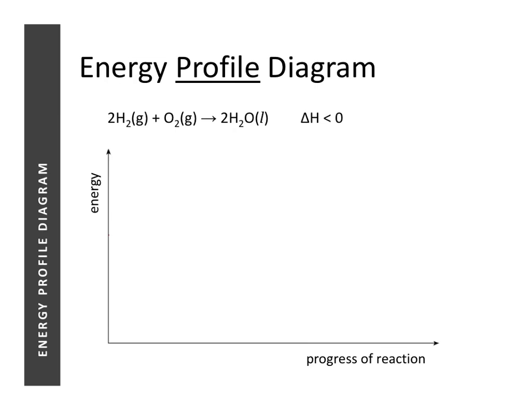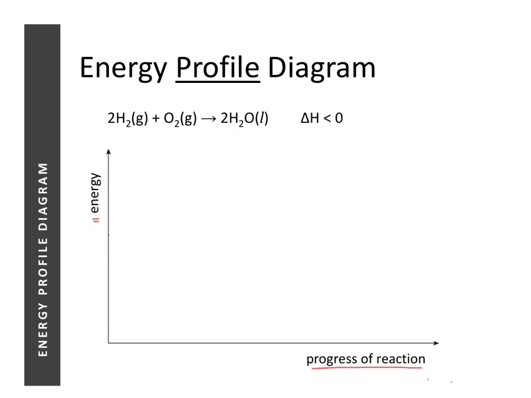Now we're going to learn to draw another type of diagram. It's called an energy profile diagram. An energy profile diagram has a y-axis and an x-axis. The y-axis again is energy, and the x-axis is your progress of reaction. Meaning, as we change from reactants to products, how would the energy change in between?